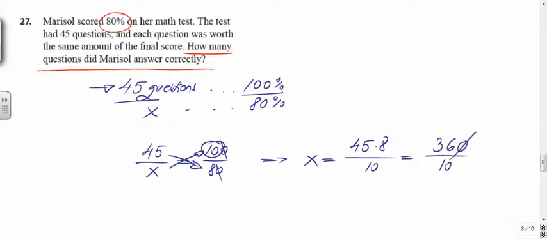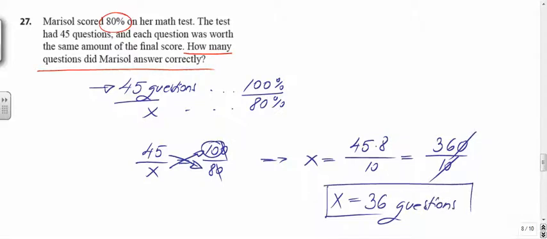Divided by 10, you just cross one 0 from each. And now I know that Marisol answered 36 questions right, and that's how she got 80% on her test. Makes sense?